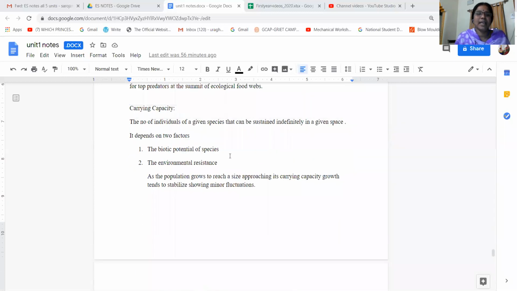Next one is carrying capacity. The number of individuals of a given species that can be sustained indefinitely in a given area mainly depends upon two factors: biotic potential of the species and environmental resistance. As the population grows to reach a size approaching its carrying capacity, growth tends to stabilize, showing minor fluctuations.